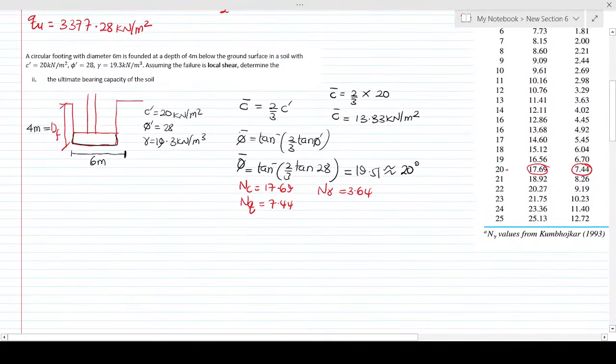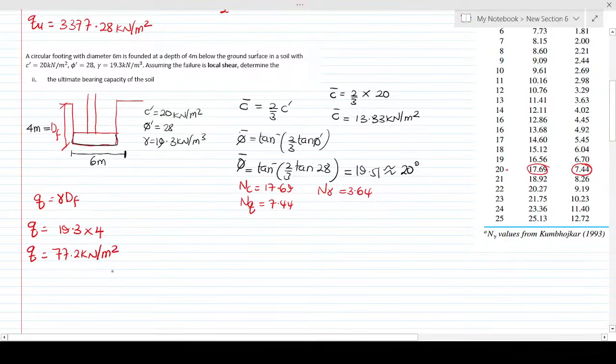Okay. So with that, I can find my Q, which is gamma times BF. Gamma is 19.3, BF is 4. And so my Q will be equal to 77.2 kilonewton per meter squared.